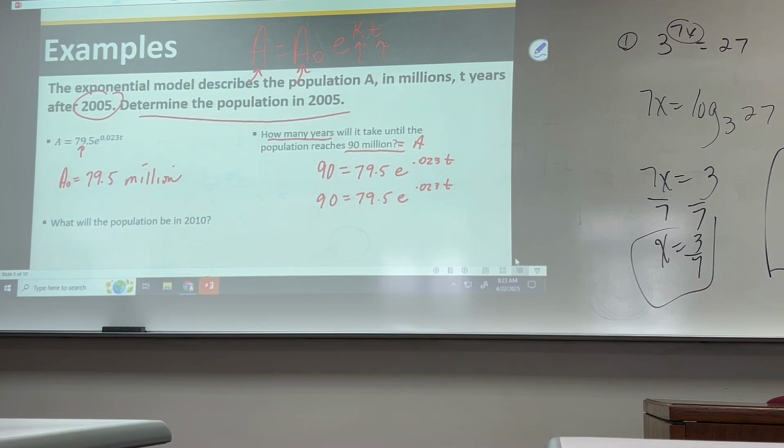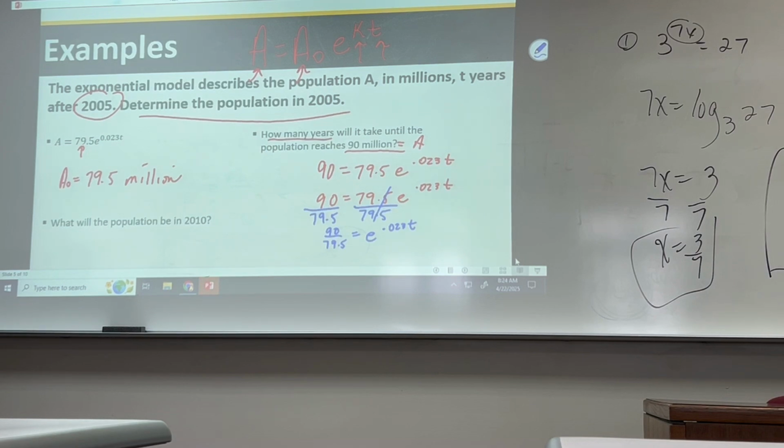Divide by 79.5. So then I'll have 90 over 79.5, and I always wait till the very last thing to pull out my calculator. That prevents round off error, especially if you're putting your answers in MyLab Math. So 90 over 79.5, whatever that is, equals e to the 0.023t.